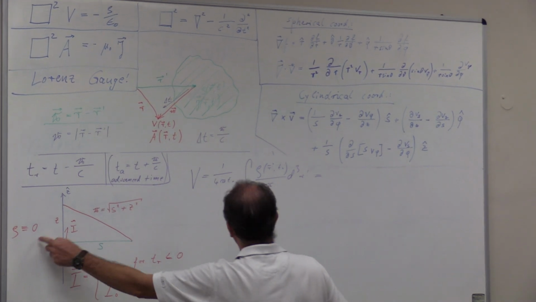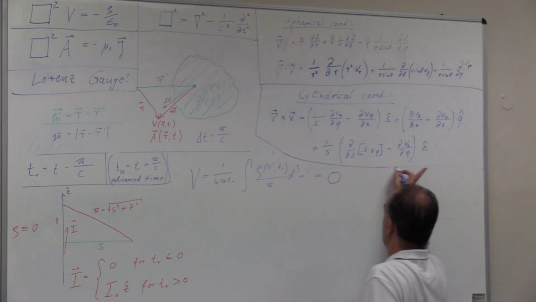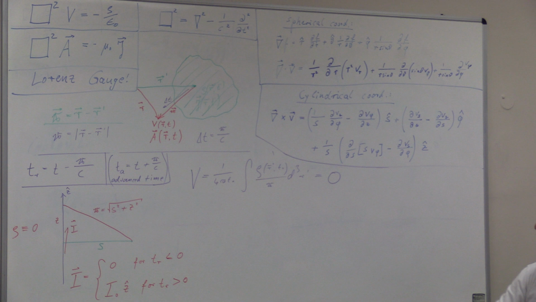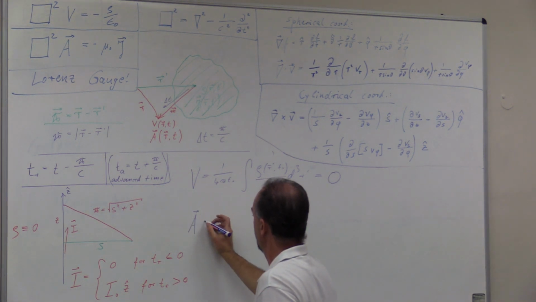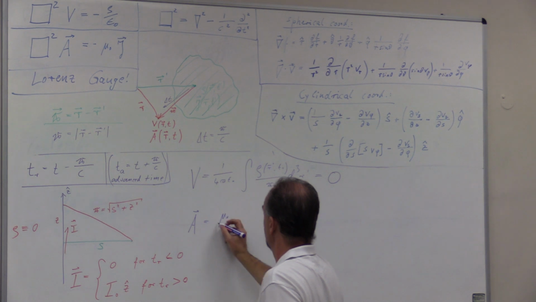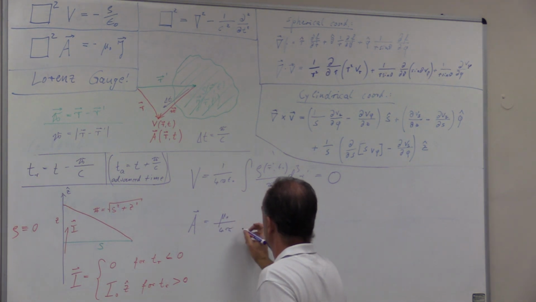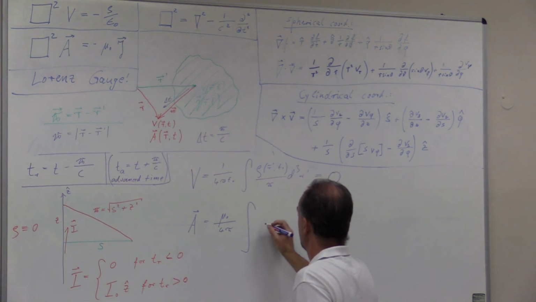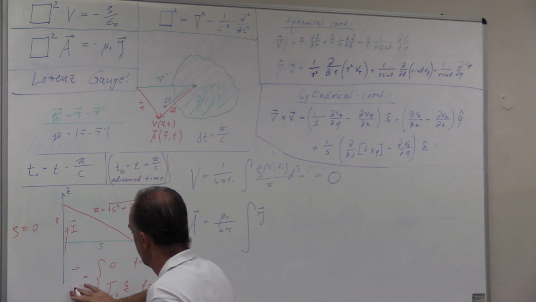Because we don't have any free charges, that gives us a 0 scalar potential in the Lorenz gauge. The vector potential A, we calculate mu naught over 4 pi integral, well, this is J, should actually write this as J.